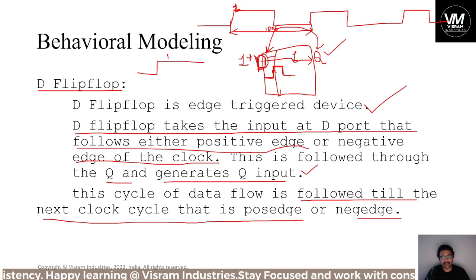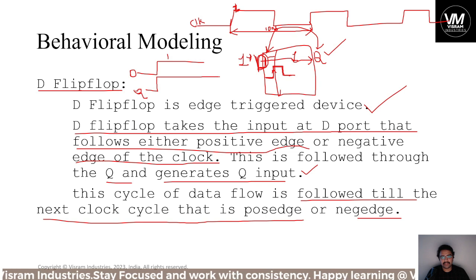It is 1. So it is D, it is clock. And what will be the Q according to it? Q will also be 1 if it is positive edge. I will try to explain this in a more pictorial way, but I'm giving a vague explanation here.